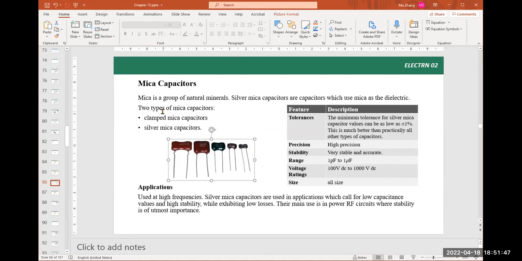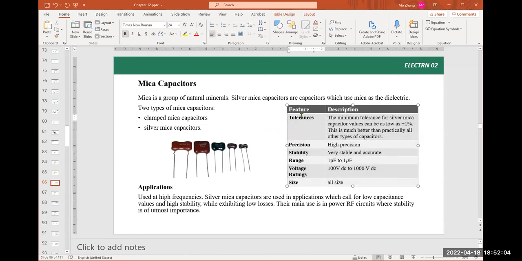So there are 2 types of mica capacitors, clamped mica and silver mica capacitors. Their differences are not only the materials but also these features. First, the feature tolerance. The minimum tolerance for silver mica capacitors is pretty low.